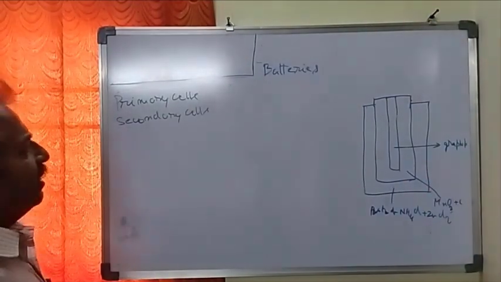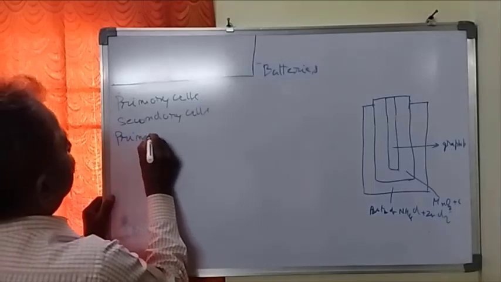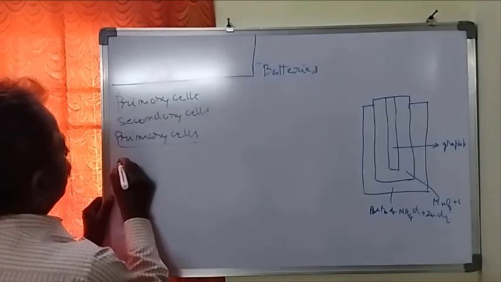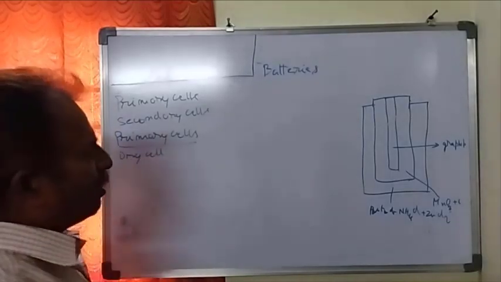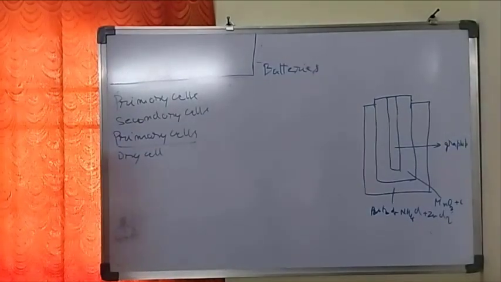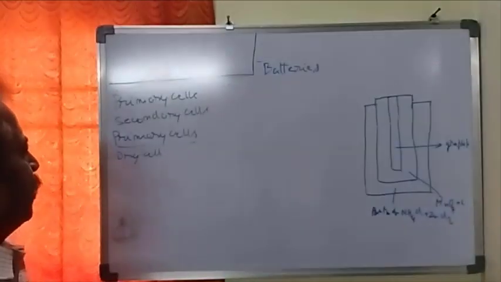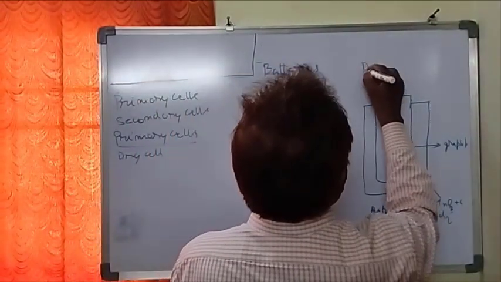Now let us see the primary cells. The most important one is the dry cell. You have seen already the dry cell is used in wall clocks, transistors, tape recorders, etc. This is the dry cell.